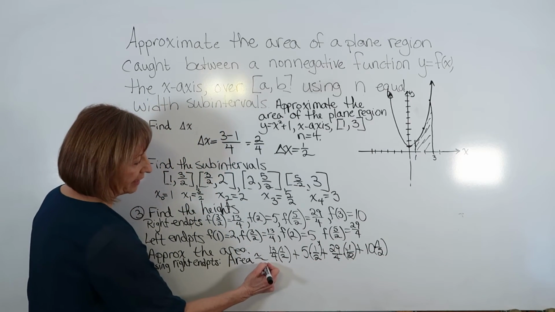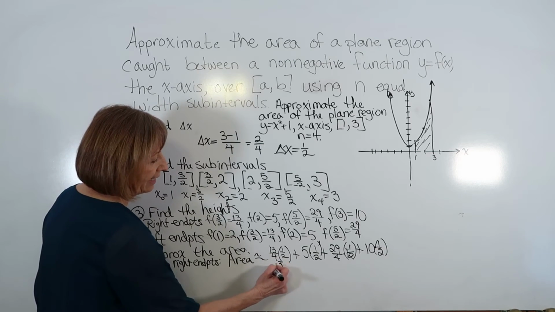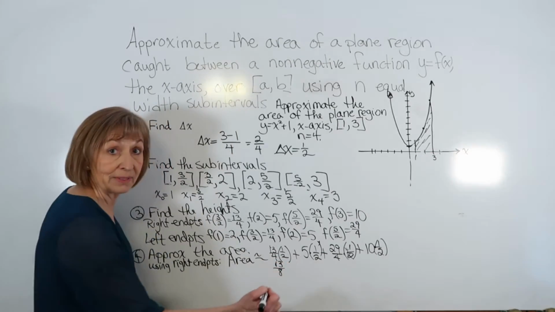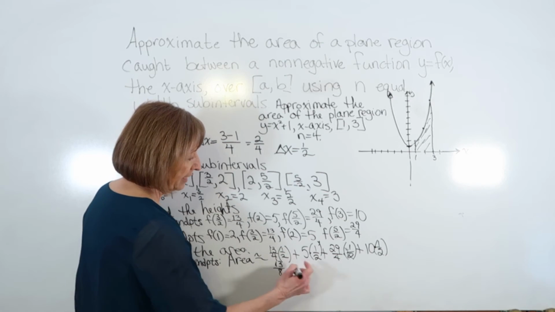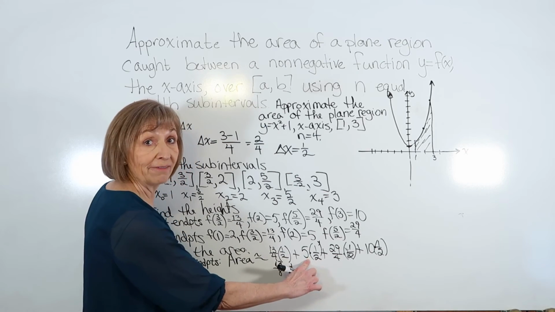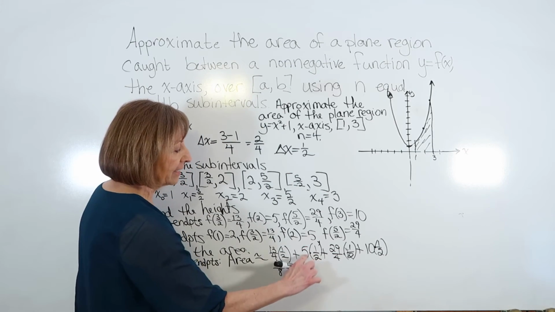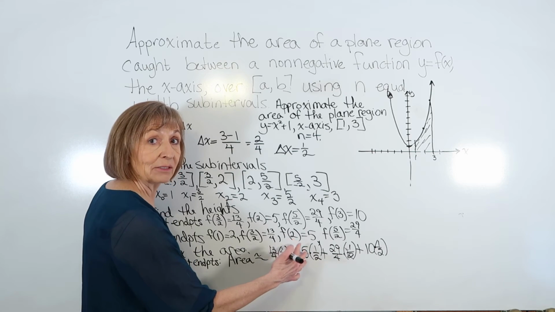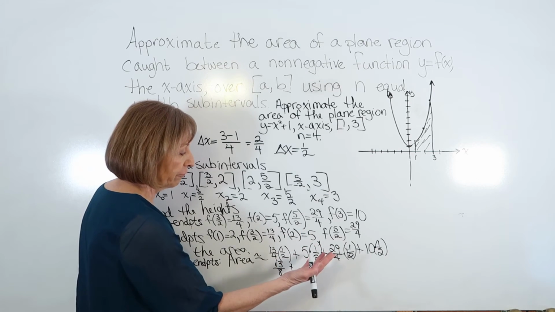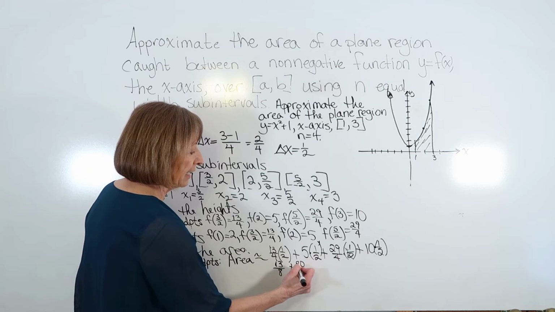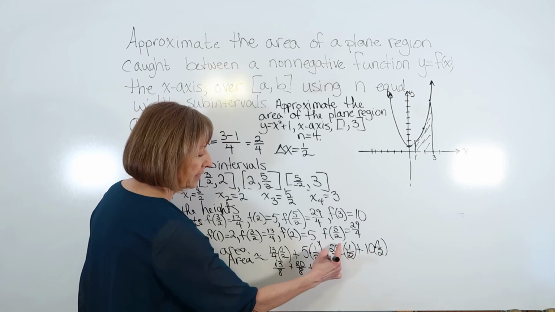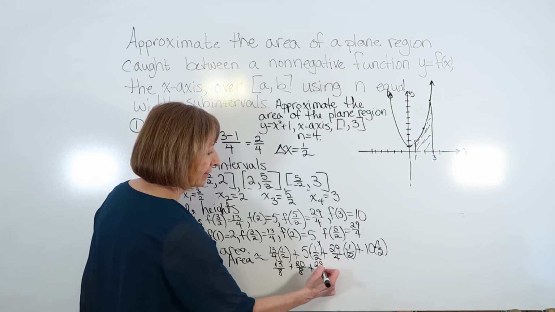And so as we get that, we have 13/8, and I'm going to put everything into eighths so it's easier to add up. So 13/8 plus, well, this would be 5/2. But building that so it's in eighths, I need to multiply top and bottom by 4. So that's going to be 20/8. Plus this is 29/8.